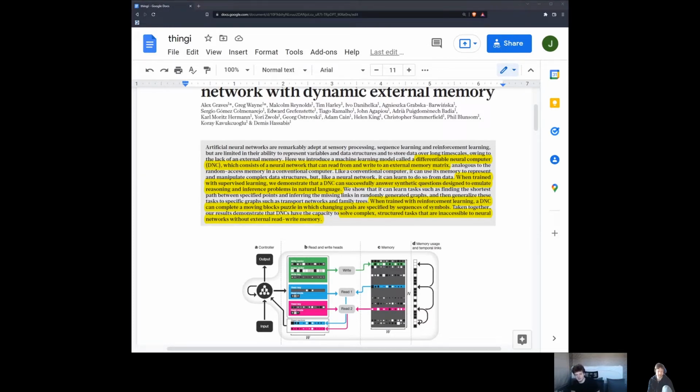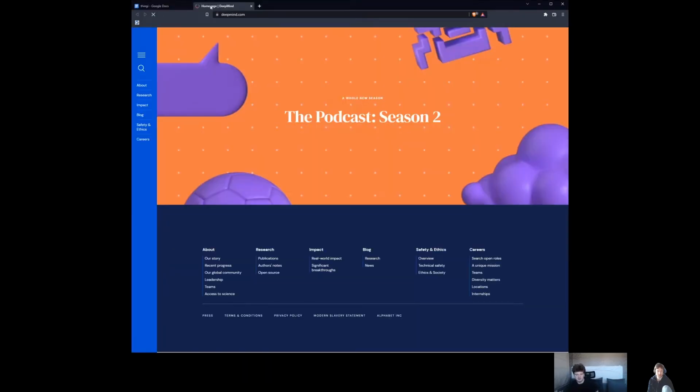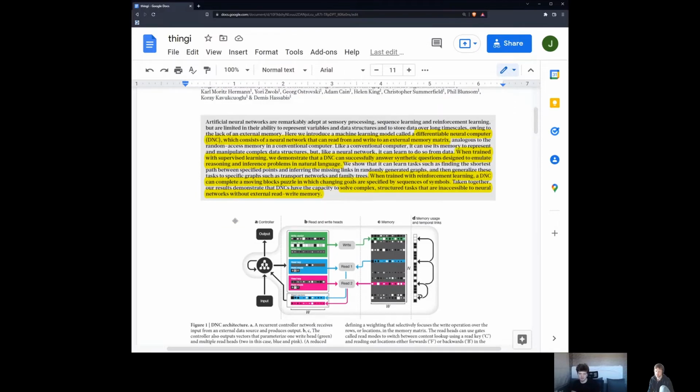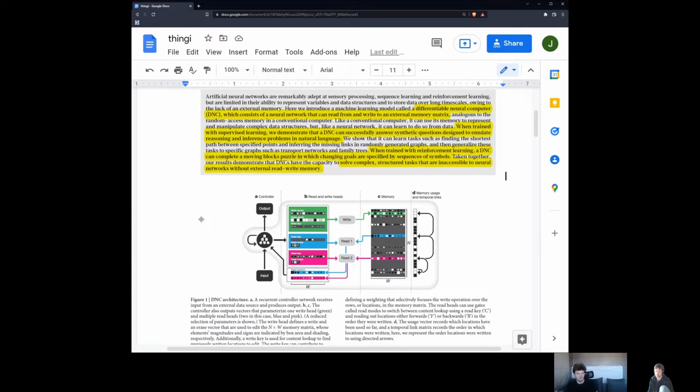And they basically demonstrate the main gist: the DNC is better than neural Turing machines, it is better than other stuff that they're comparing to, and it is solving complex problems that other similar algorithms are unable to solve. Once again, they compare to LSTM as the conventional baseline of similar architectures, or basically architectures with memory.